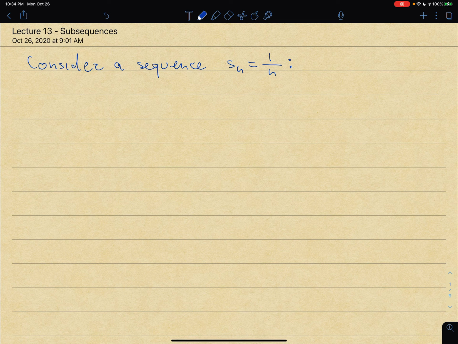If I write the sequence out, then this will give me S1 equal to 1, S2 equal to 1/2, S3 is 1/3, S4 1/4, and so on.